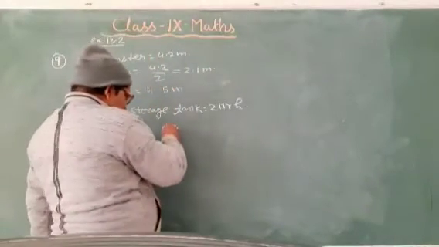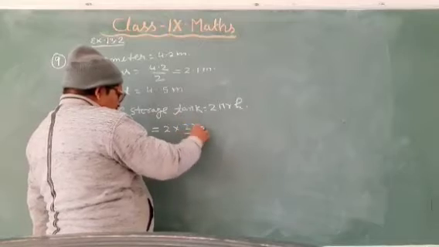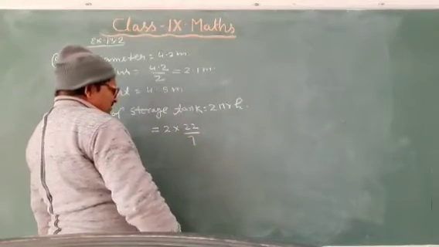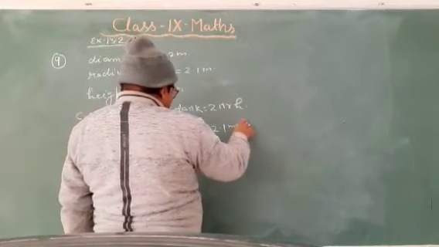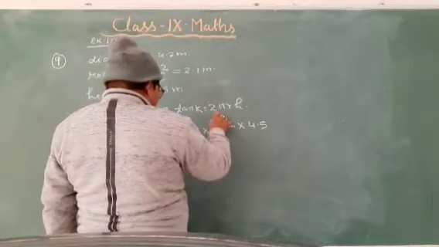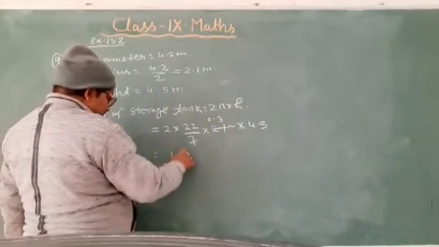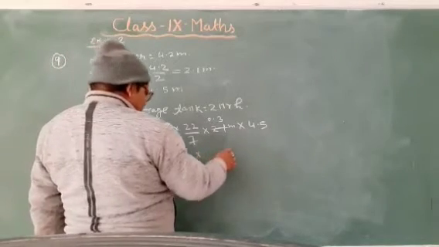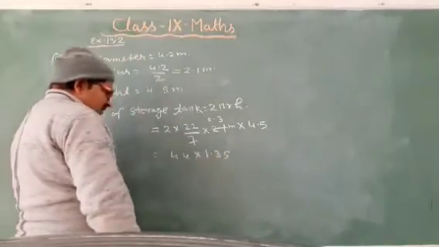Now 2 into 22 by 7 into 2.1 meter and 4.5. 0.3, 44, 1.35.